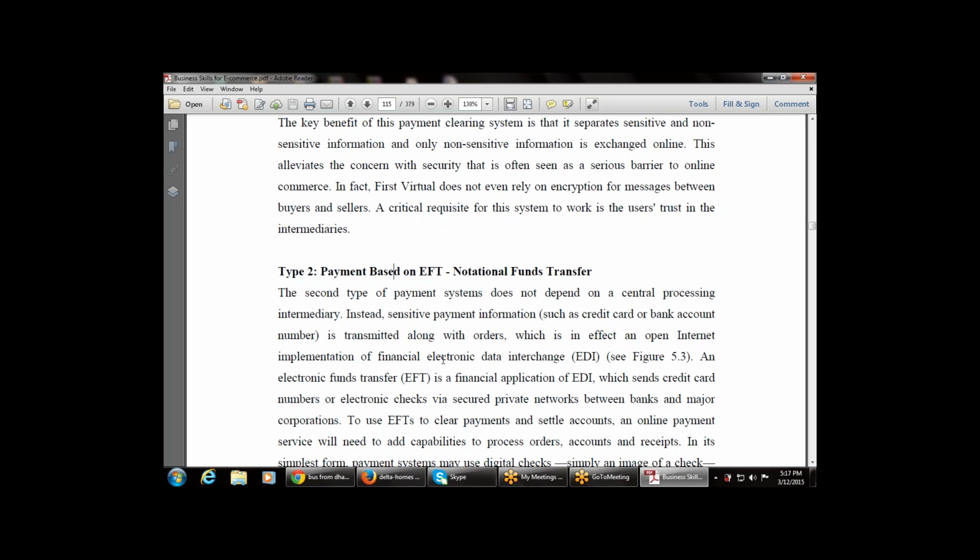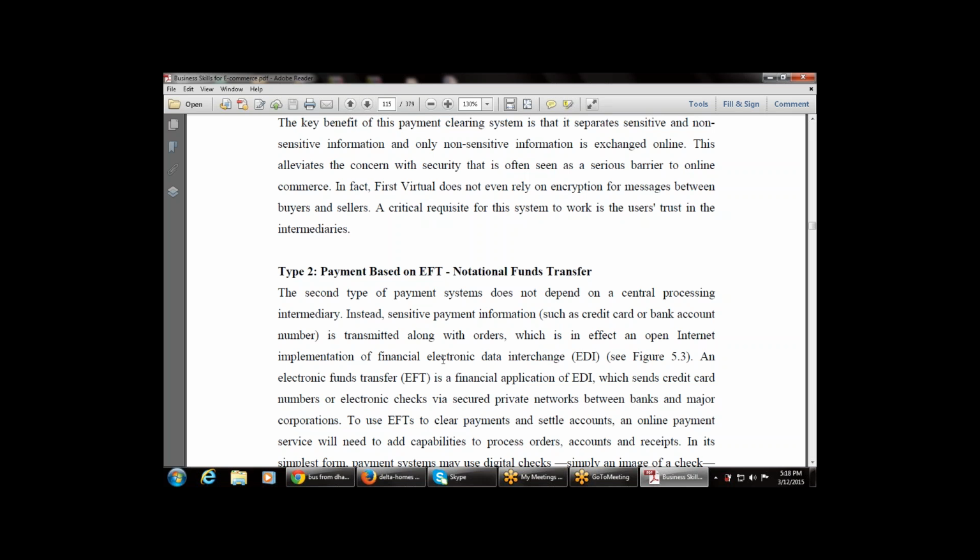As we simply said, the sensitive information is transmitted along with the order, but how will it be safe, and up to what amount will this be safe? That is provided by the EFT, the electronic fund transfer, which transfers funds from the buyer to the seller and the seller to the buyer, and that must be in a secure private network.